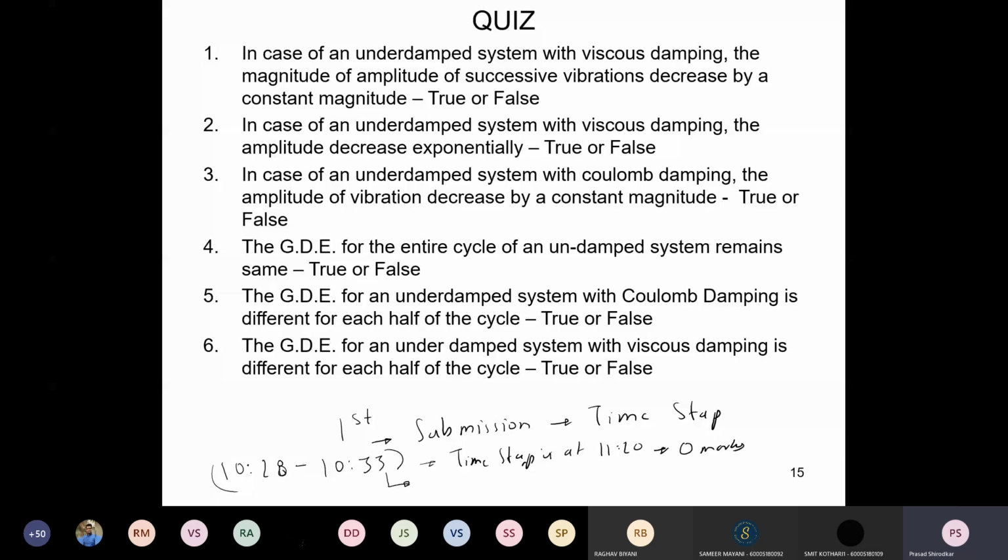So after these 6 questions, we have to submit the form, right? Yes. After you make your choices, just click on the submit button. All right. So the time your answer is recorded is at that particular timestamp.